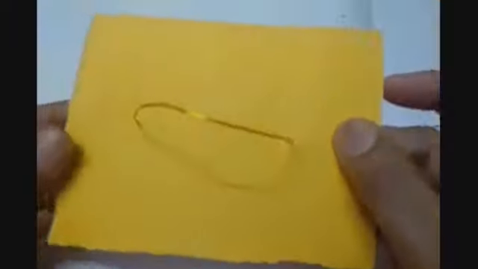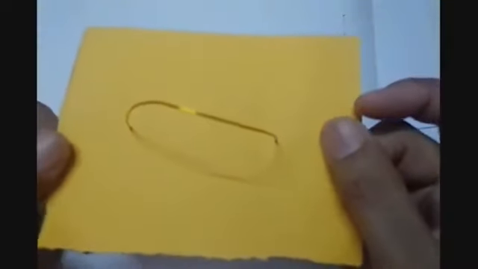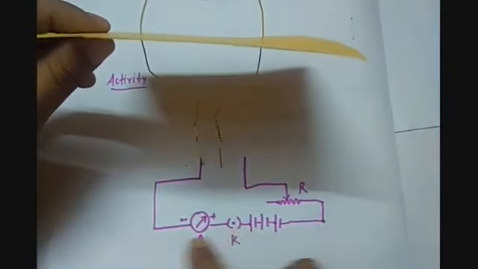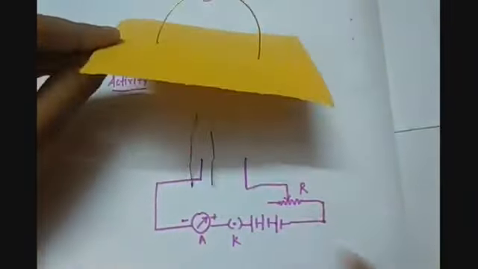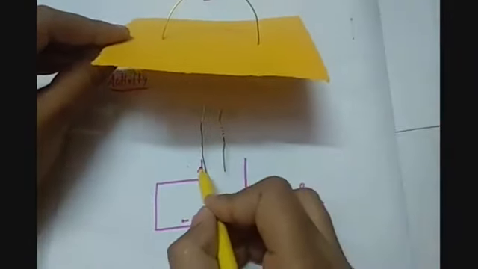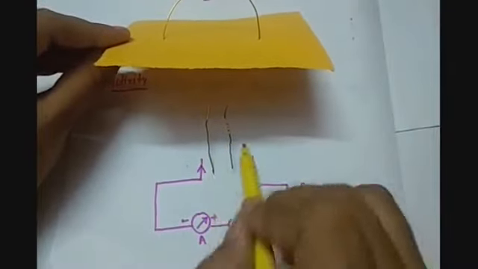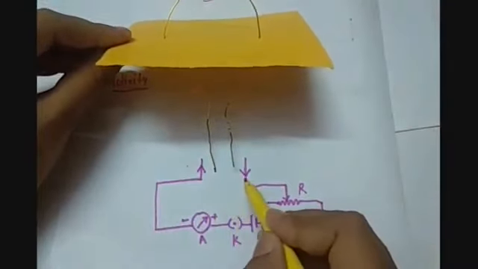So this now has a current. As the battery direction is from positive to negative, the current will enter through this point and it will exit from the circular wire in this direction.